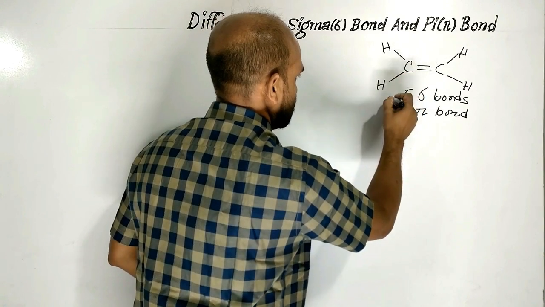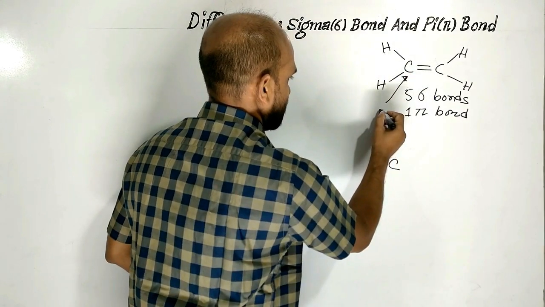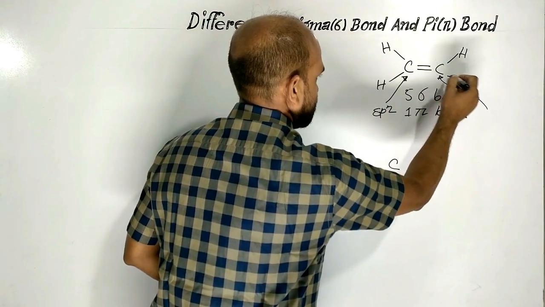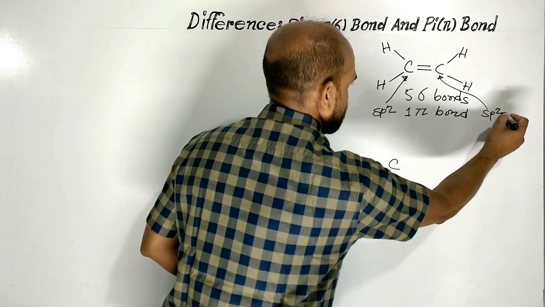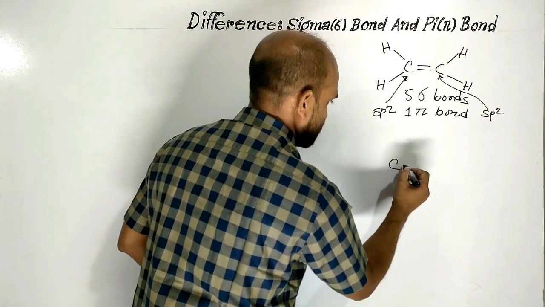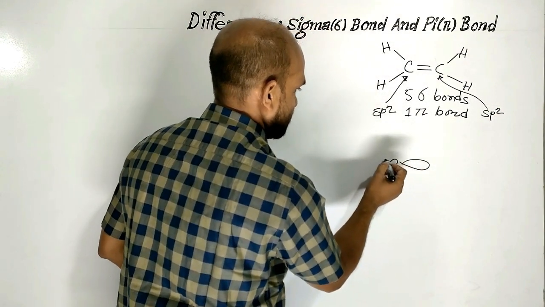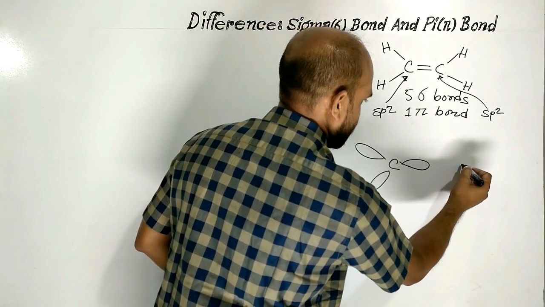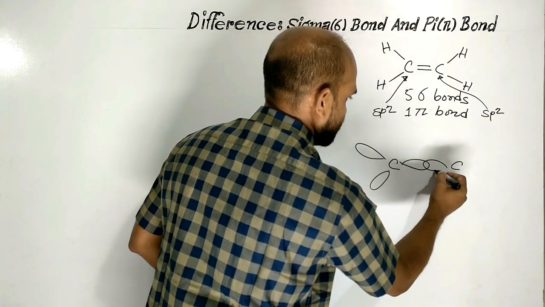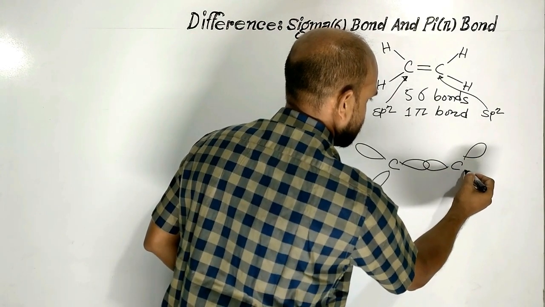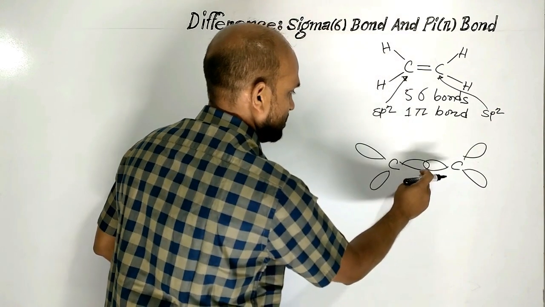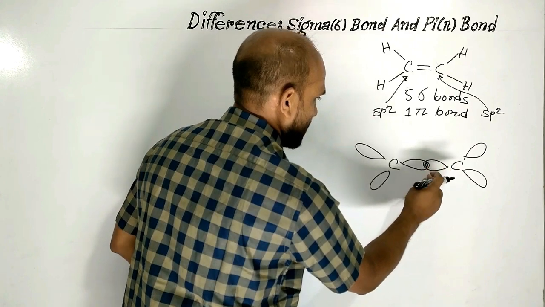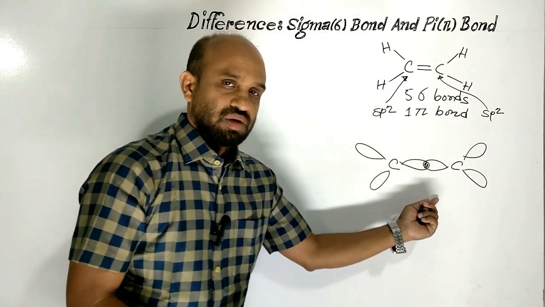In this compound, carbon atoms are sp2 hybridized. Orbital structure is like this: sp2 hybrid orbitals on this carbon, and sp2 hybrid orbitals on this carbon. Here, overlap between sp2 hybrid orbitals happens.